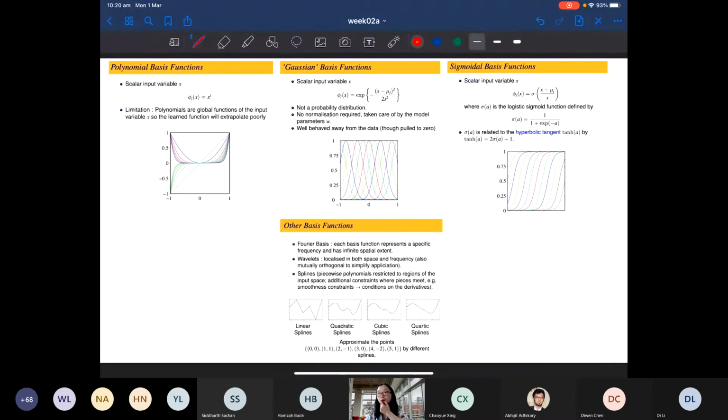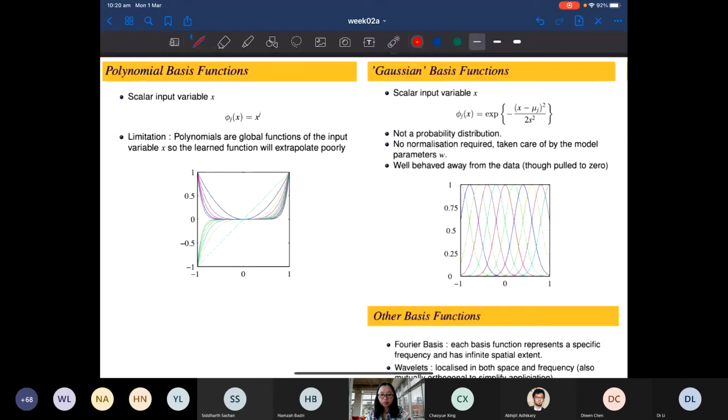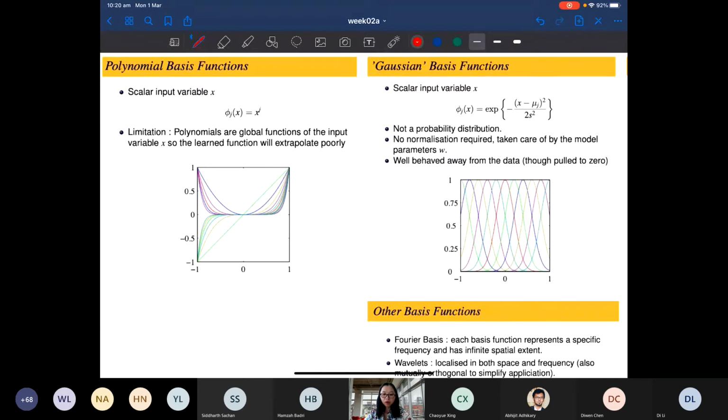So here are a number of feature functions. The first one we might think about is polynomial feature functions. We know from calculus that if we do a Taylor expansion on any function, they turn into polynomials, right?